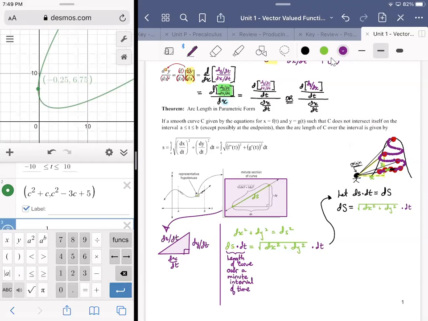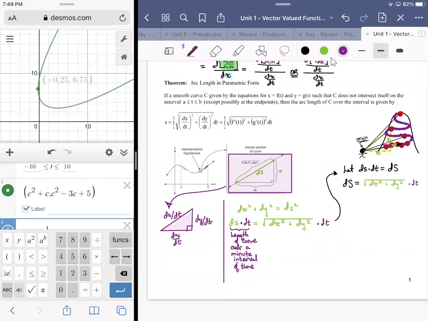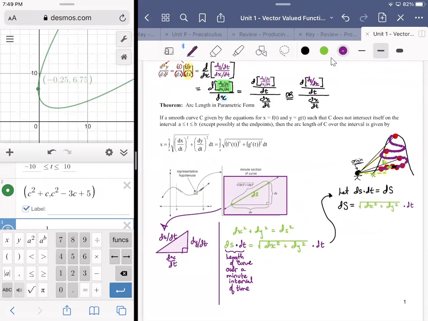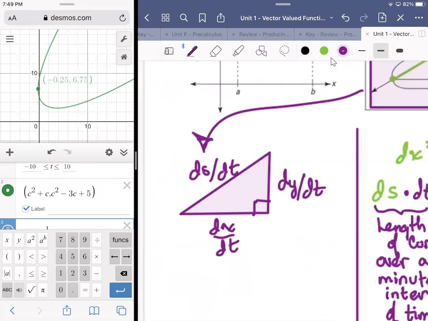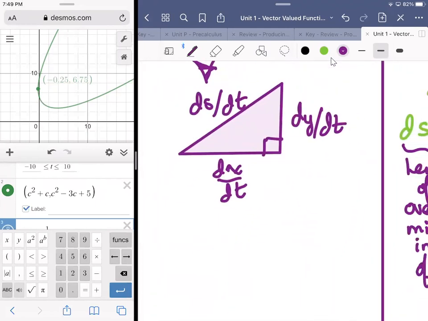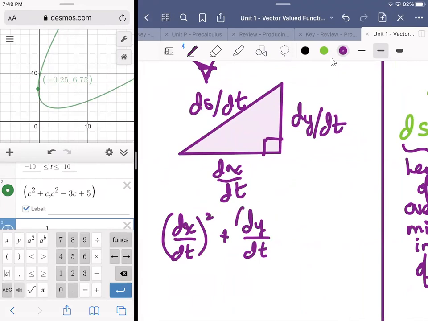So for this concept, and like I said, I'll come back to the one on the right because I want to show you the thinking on the left and then use that to bridge the gap and help you understand what's happening on the right. So just focusing on this, we're looking at dx dt squared plus dy dt squared is equal to ds dt squared.